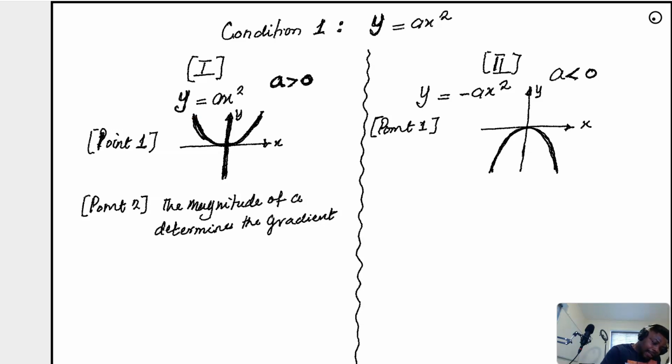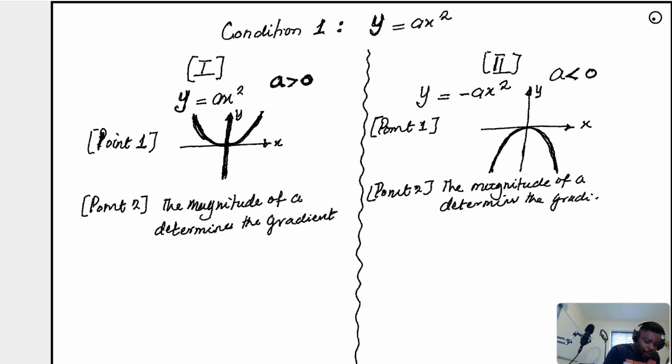Then point 2 here is that the magnitude of a determines the gradient. Why? Because if you look at here, the gradient is negative here, right?